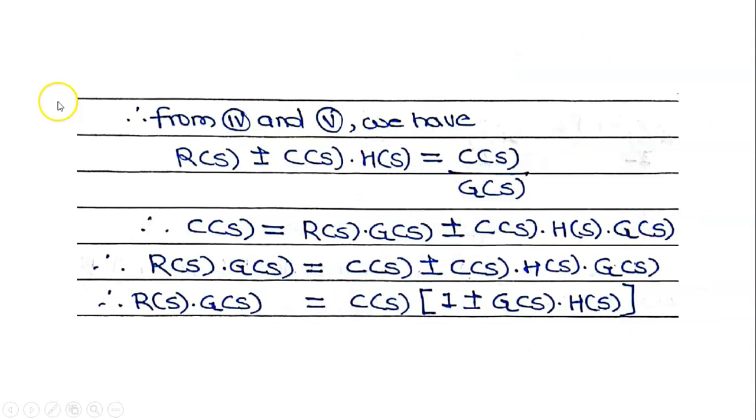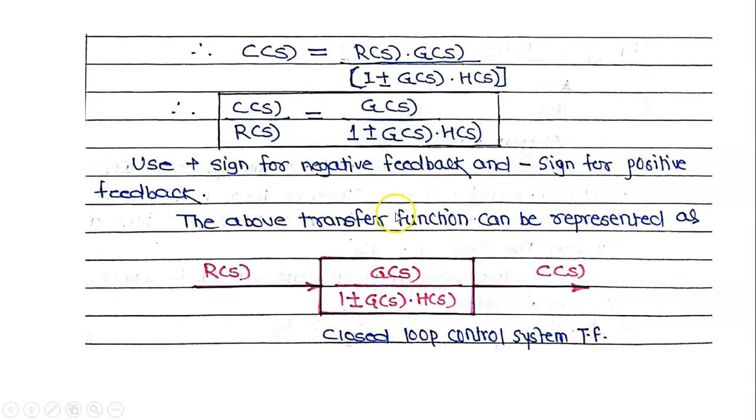Therefore C(s) is equal to R(s) G(s) divided by 1 plus or minus G(s) H(s). Therefore C(s) upon R(s) is equal to G(s) upon 1 plus or minus G(s) H(s). Use the positive sign for negative feedback and the negative sign for positive feedback.